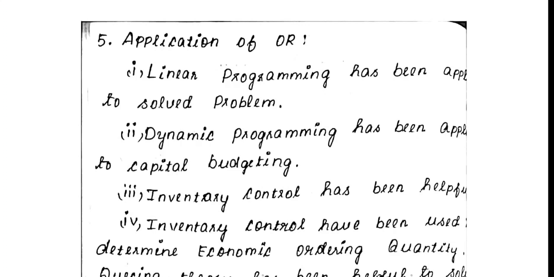Inventory control has been used to determine economic ordering quantity. Queuing theory has been helpful in solving problems of repair and maintenance of broken down machines. Decision theory has been helpful in water, solution, medicine, etc.